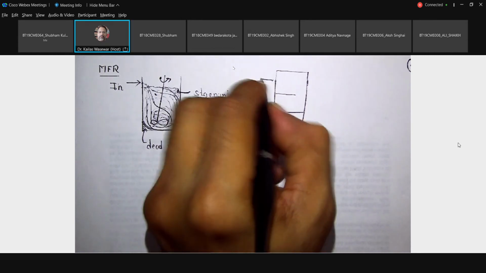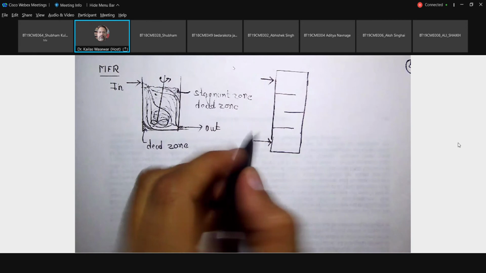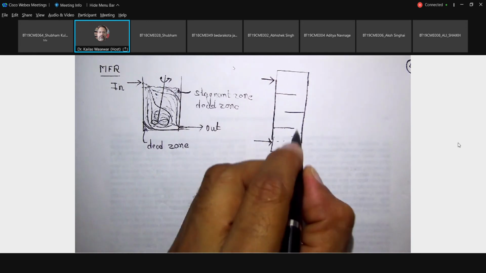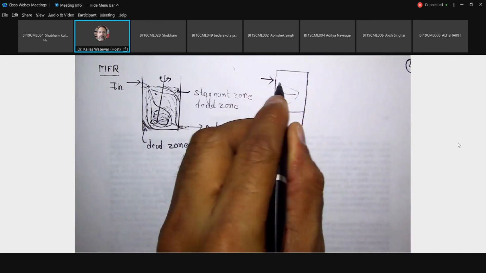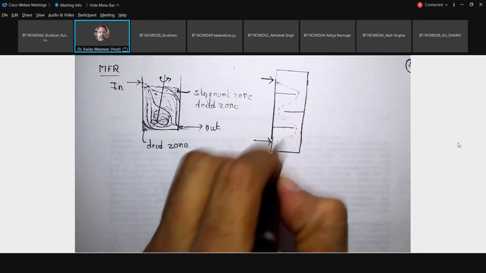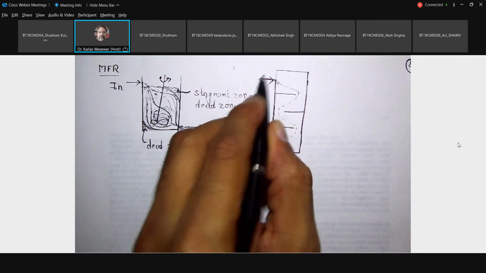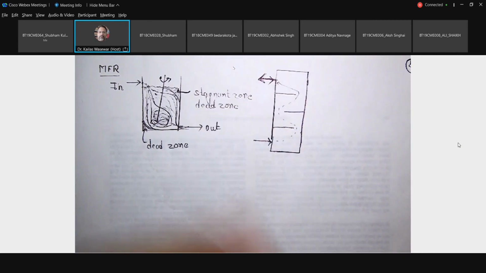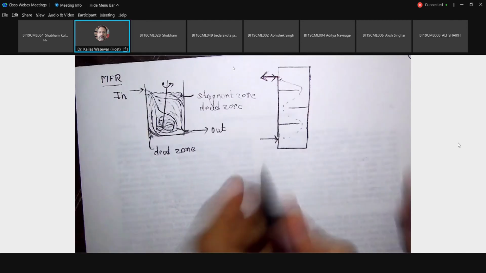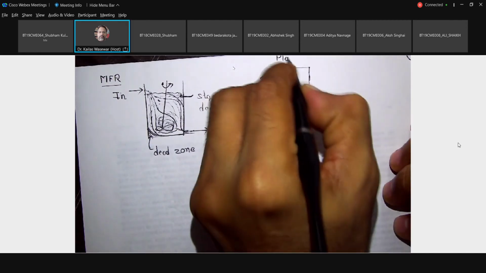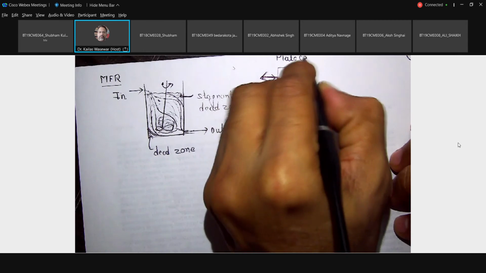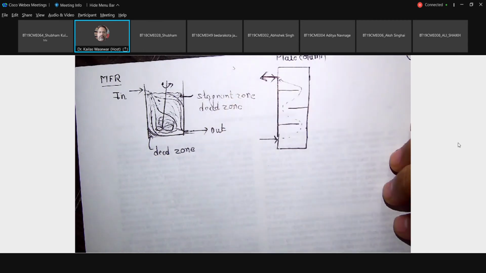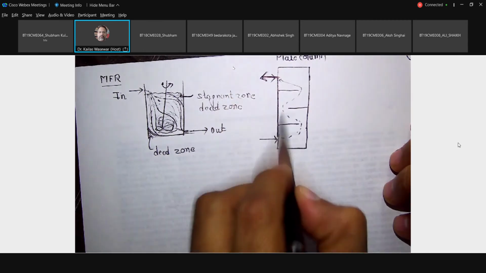What will happen? You know that it will make its own path like this. Sorry, this is the exit. So it is a kind of plate column, and it will make the path like this.